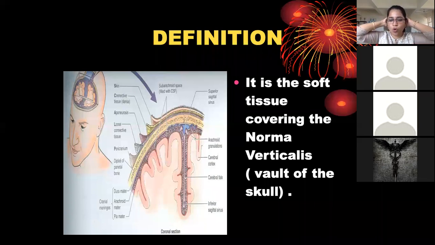That means when you hold your skull on the back side, there is a small elevation, that is called external occipital protuberance. Protuberance is an elevation. Occipital refers to the occipital bone, which is on the back side.